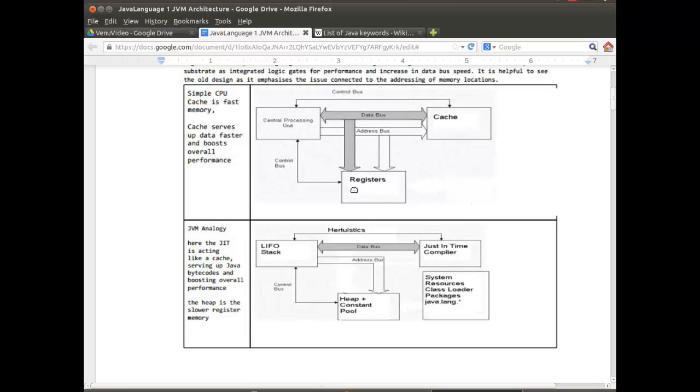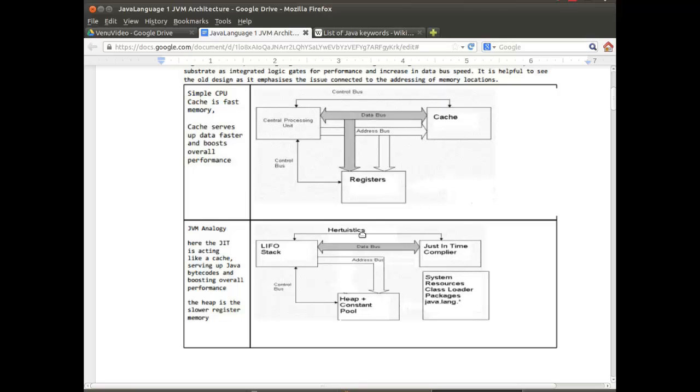Then we have the main memory area, the registers in the simple computer. Then we have in the Java virtual machine the heap and the constant pool. Then we have the central processing unit, or the CPU, and in the Java virtual machine we have what we call the LIFO stack. Now, the control bus controls the way decisions are made. We can think of that as being the heuristics of a just-in-time compiler.